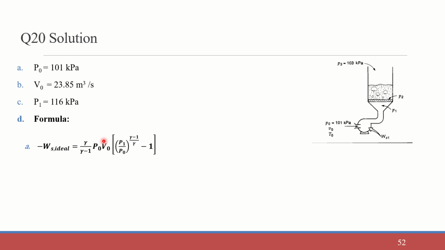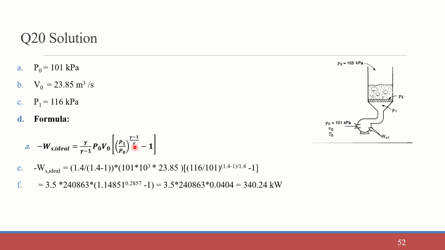And gamma we know, so everything is known in this particular formula. Substituting everything, we have the ideal power requirement as 340.24 kilowatts, but we don't want the ideal power, we want the actual power requirement.